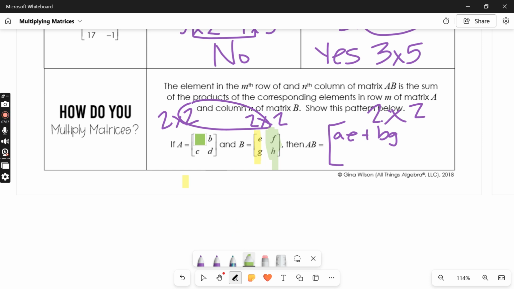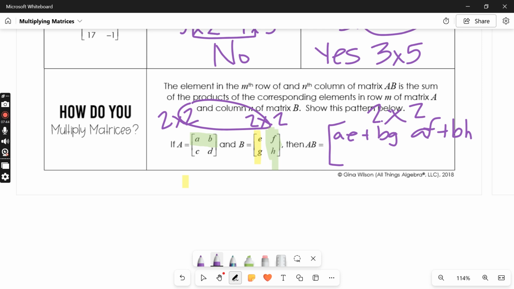Okay, so for that second one, I'm doing this row times that next column. So when I write this one out, it's going to be AF plus BH. And then to do the bottom, I'm going to do the second row times the first column, the second row times the second column.